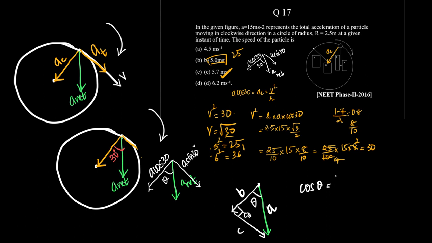Cos theta will be equal to B by the hypotenuse, which is A. So B is equal to A cos theta.